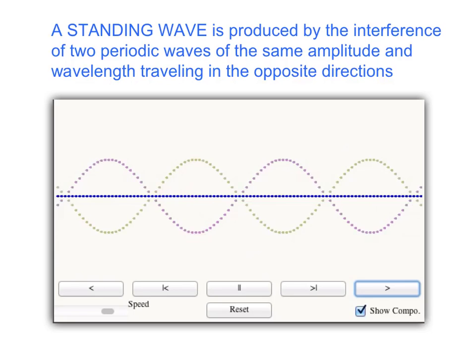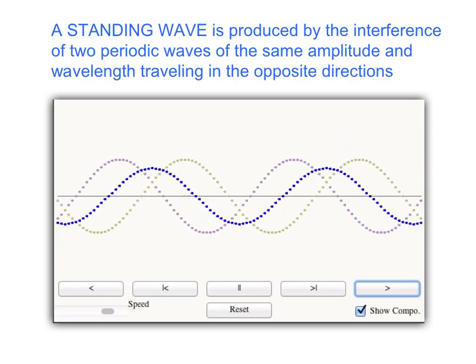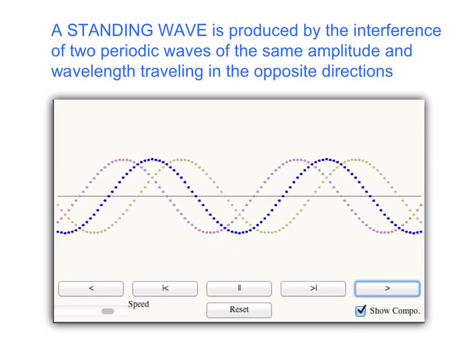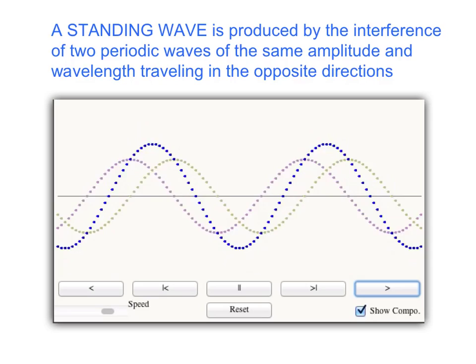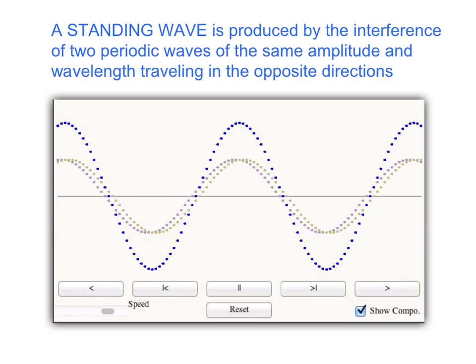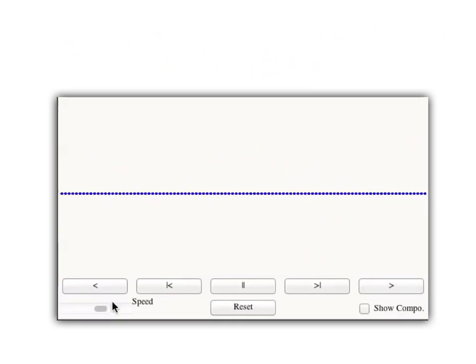So this is an example of destructive interference. So as the waves move through each other, at times the waves are in phase with each other and I have constructive interference, and at times the waves are out of phase with each other and I have destructive interference. However, those types of interference occur at certain places along the wave.